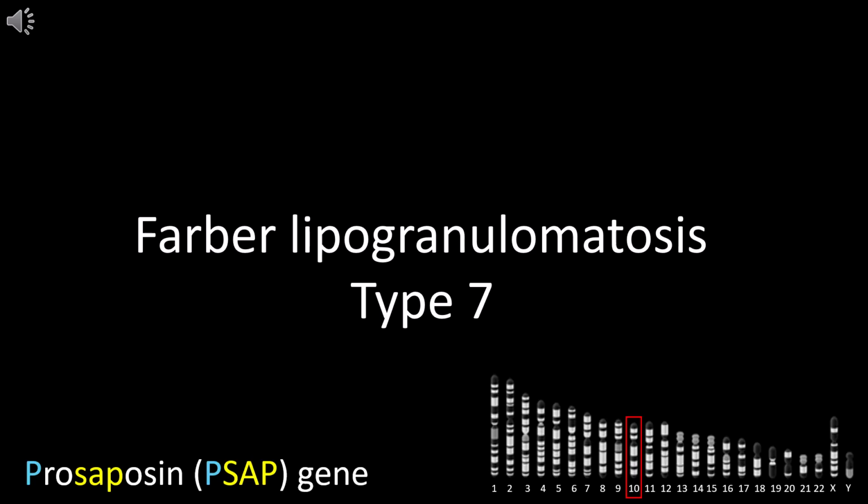Next, we will talk about Farber lipogranulomatosis type 7. Farber lipogranulomatosis type 7, also called prosaposin deficiency, is due to multiple sphingolipid activator protein deficiencies. It is due to PSAP gene mutations. The PSAP gene is on chromosome 10. Farber lipogranulomatosis type 7 is inherited in an autosomal recessive fashion.